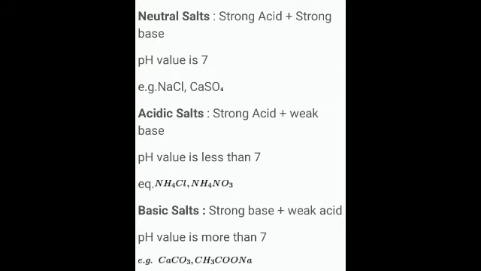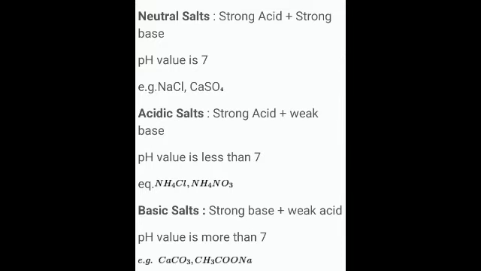Now, see, strong acid, strong base, when combined together, then it forms neutral salt. And when weak acid and weak base combine together, then also neutral salts are formed.